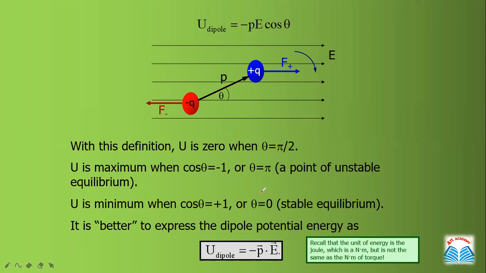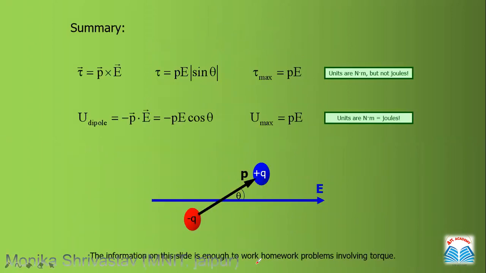So basically, we will summarize this potential energy. It is better to express the dipole potential energy as U dipole equals minus P dot E, and this dot product gives cos theta. Theta will decide the value of the potential energy of the electric dipole, whether it will be minimum or maximum.